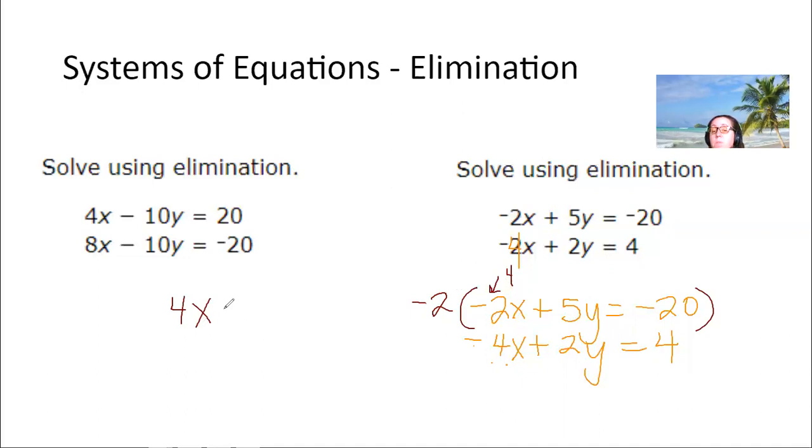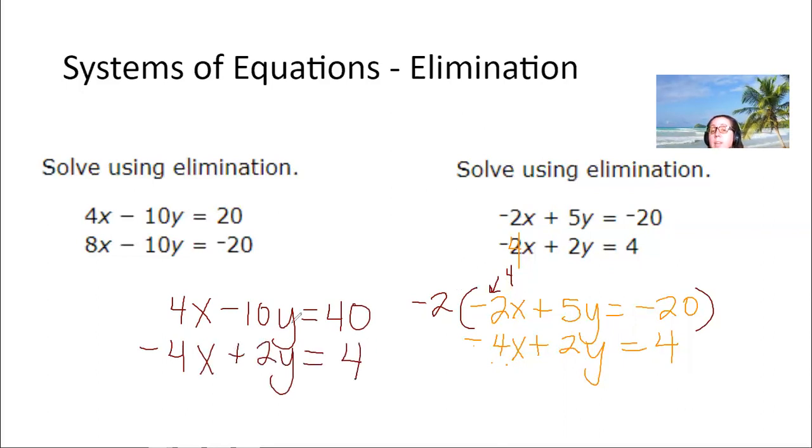Negative 2 times 5y would give me negative 10y. And negative 2 times negative 20 would be 40. So see what happens? I multiplied the entire top equation by something and got these variables to match. The whole idea is to get variables to cancel out when you add them down.